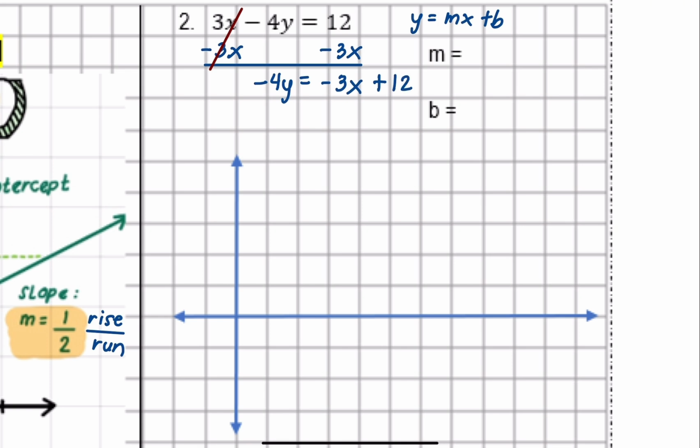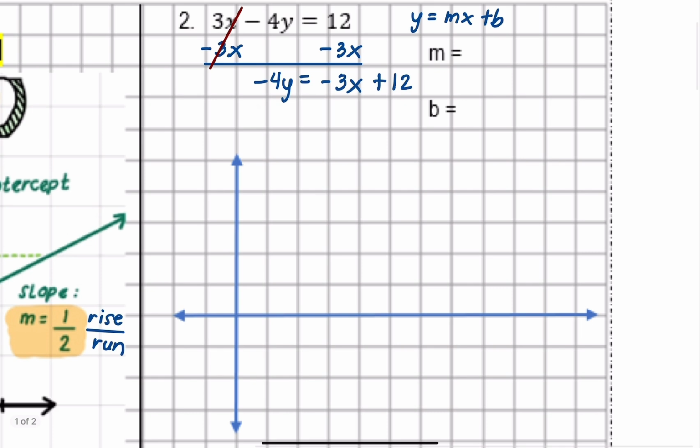Now, this is not in slope-intercept form because we have negative 4 beside y. So in order to eliminate negative 4 beside y, we have to divide all of the terms from left and right sides of the equation by negative 4. Okay, so negative 4 divided by negative 4 is simply 1, or we will just get y. Now, negative 3 divided by negative 4, it's not exactly divisible, but as you can see here, class, negative divided by negative will give us a positive number.